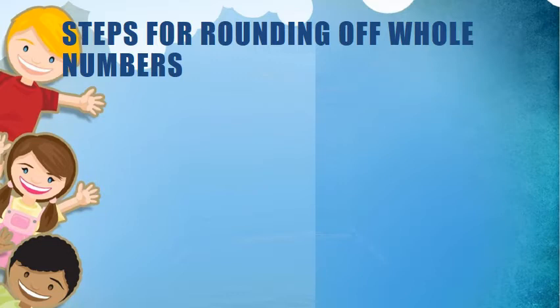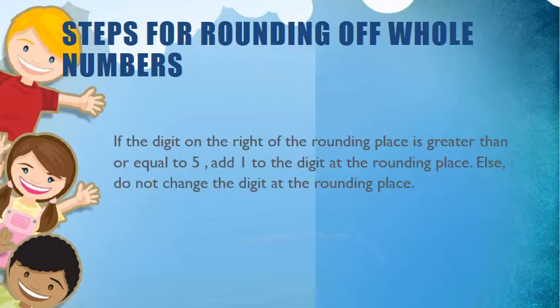Children, when we round off whole numbers, we have to follow certain steps. So what are these steps? Let us see. Step number 1 is, look at the digit on the right of the rounding place, the place where we have to do the round off.